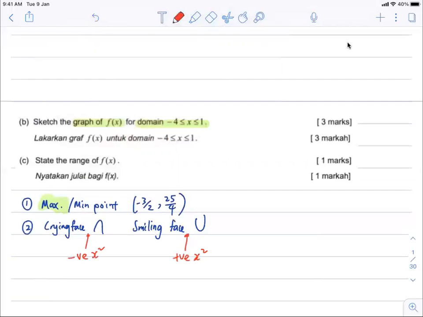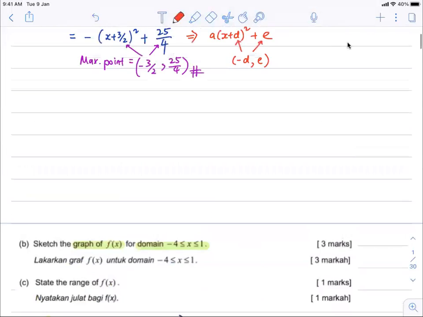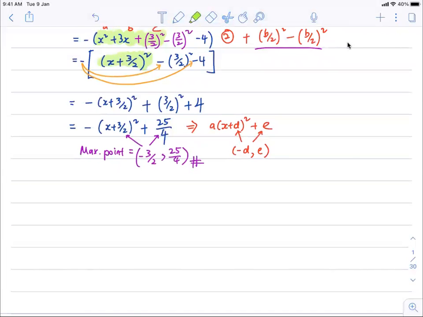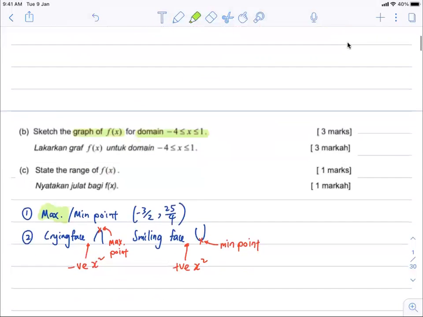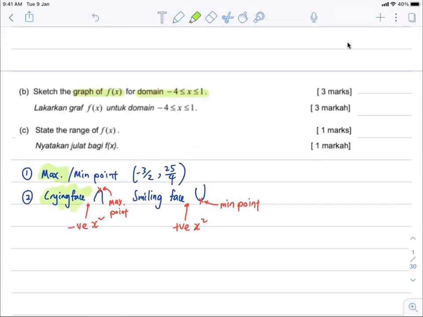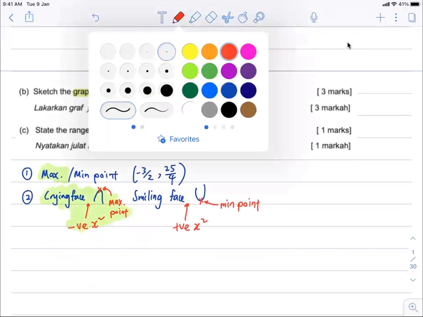Also, we know that for a crying face, this is a max point, and for the smiling face, this is a minimum point. So in this question, you notice the x squared here is negative. So it's a crying face because it's a negative x squared. It's also consistent with the question telling us it's a maximum point.